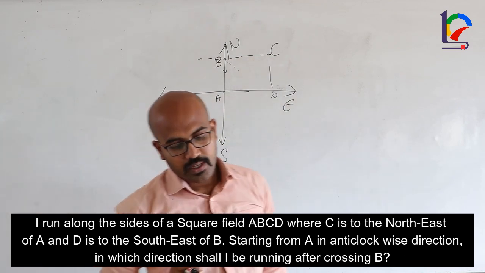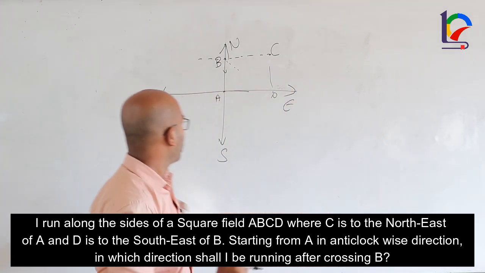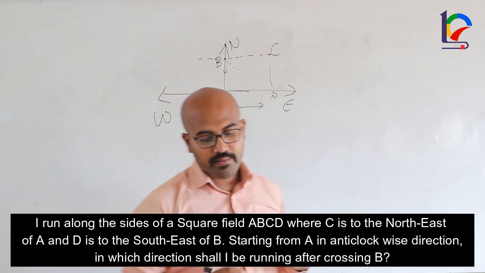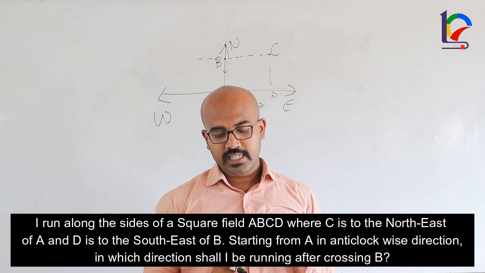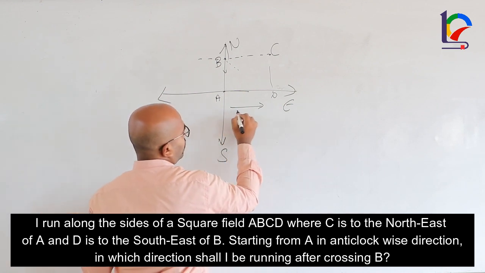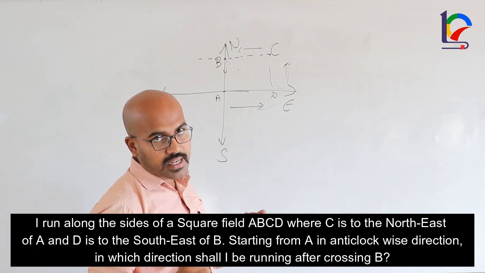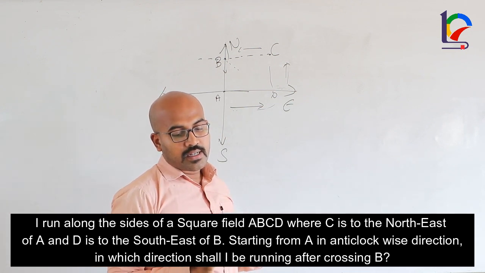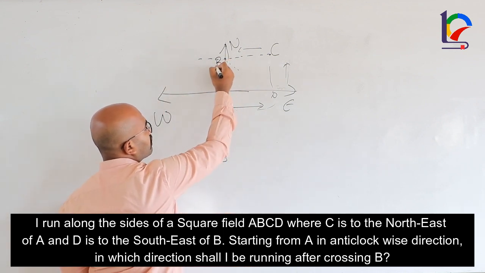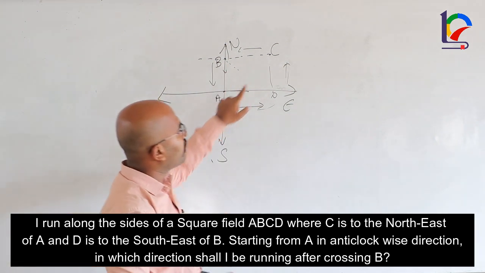So this is a square. What they are asking is, starting from A in the anti-clockwise direction, in which direction shall I be running after crossing B? After crossing B, I will be running to the south or north.